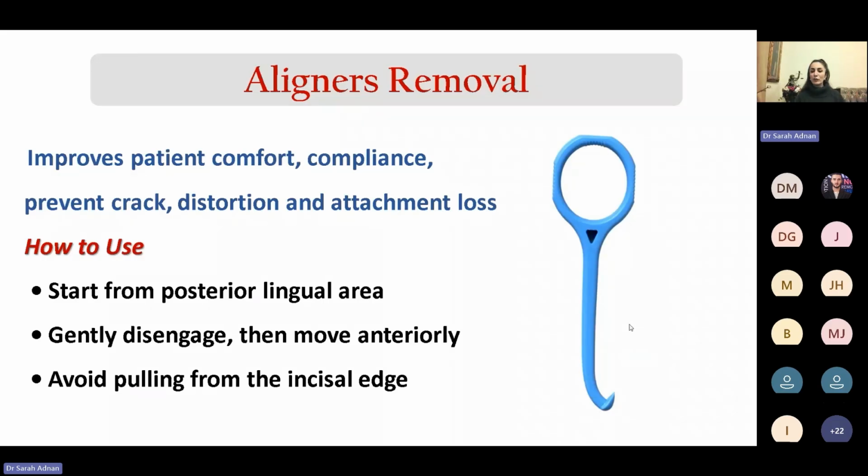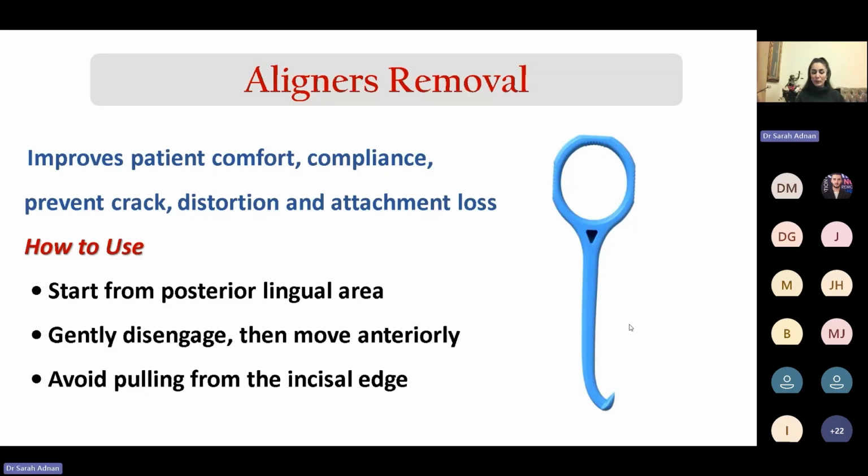It helps the patient to remove the aligner and helps you also during the first attachment bonding date. This will help the patient to remove the aligner easily and quickly, which might improve their comfort, as we said, compliance, and prevent cracking, distortion, and attachment loss.